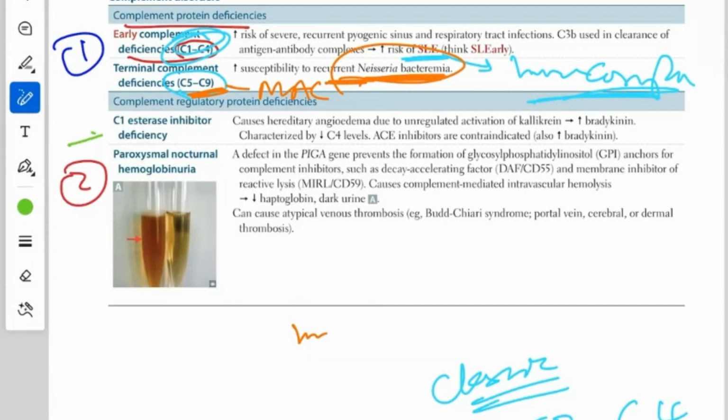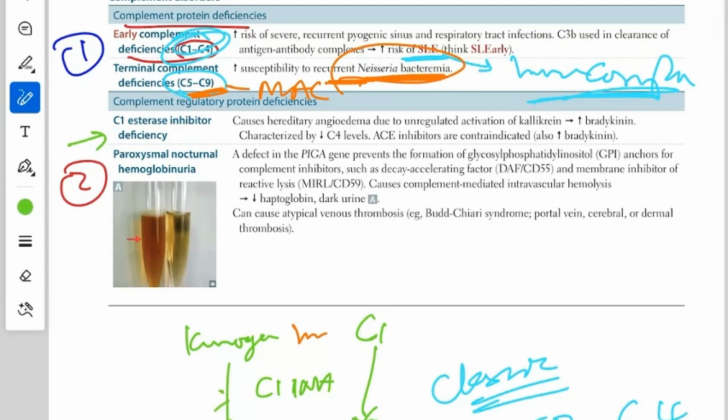Then moving on to this, when you have your C1 esterase inhibitor deficiency, right? Remember, C1 esterase inhibitor blocks C1, the classical pathway particularly. Another function it has is to prevent the conversion of kininogen to bradykinin. Okay, C1 esterase inhibitor also blocks that.